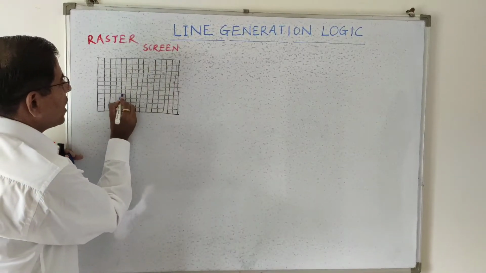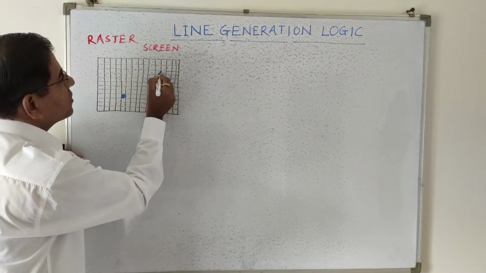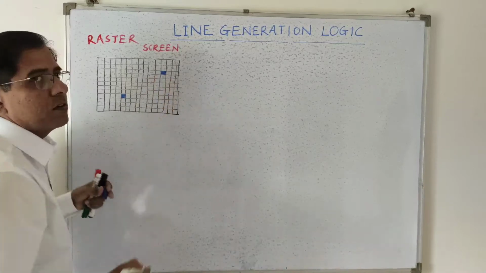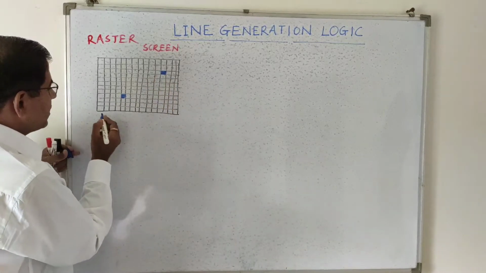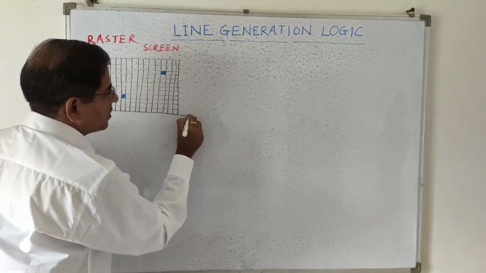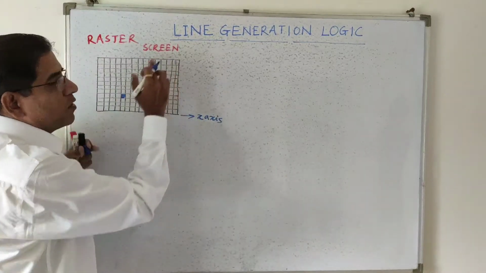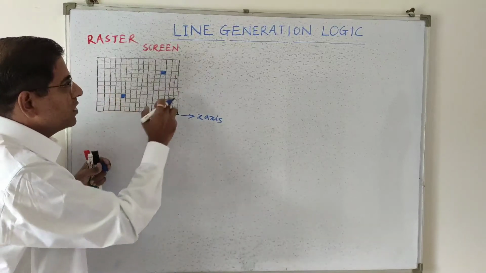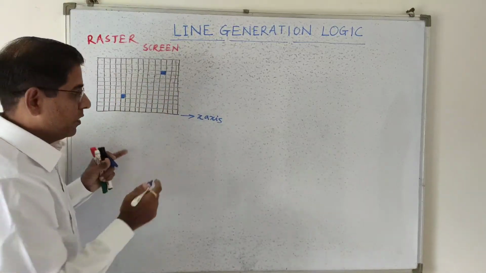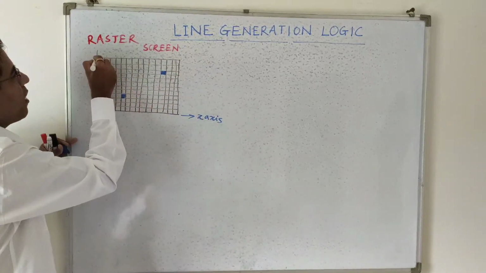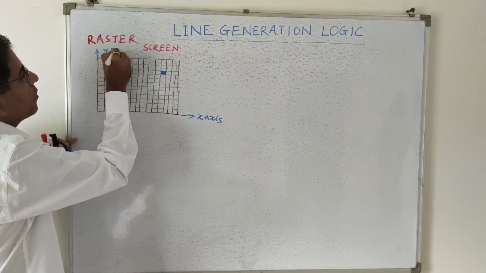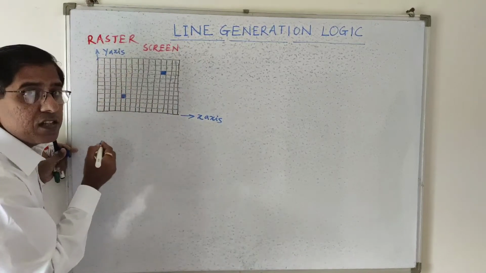If this is the start point coordinate and this is the end point coordinate, the pixels are numbered as follows. This is the x-axis. This entire monitor or screen is like a graph paper. This is the x-axis, this is the y-axis, and the pixels are numbered like that.